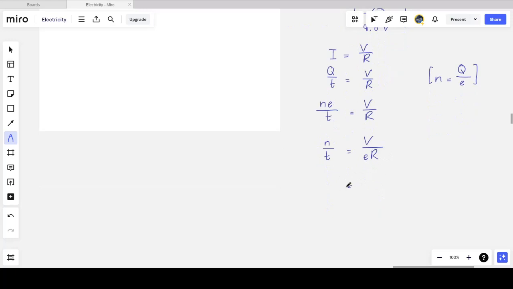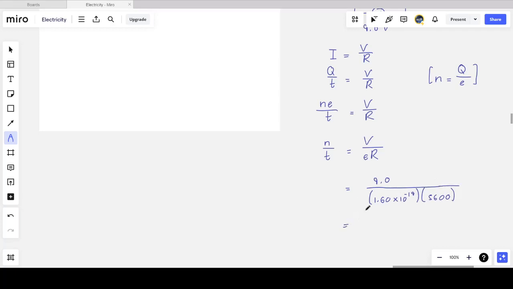And V is the potential difference. Now I have all those values that I need on the right-hand side. So this is the potential difference of 9 volts divided by the elementary charge, 1.6 times 10 to the minus 19 coulombs, and the resistance is 5,600 ohms, it's 5.6 kilo ohms.